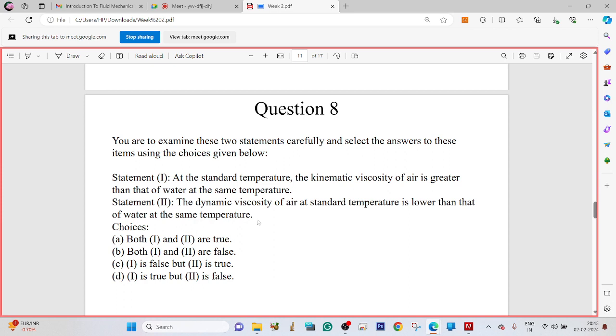Density of water is equal to 1000 kg per meter cube, and viscosity of water is approximately 50 times that of air.